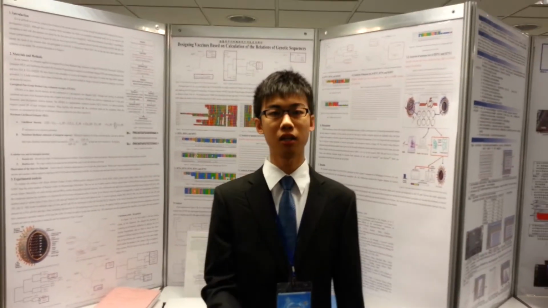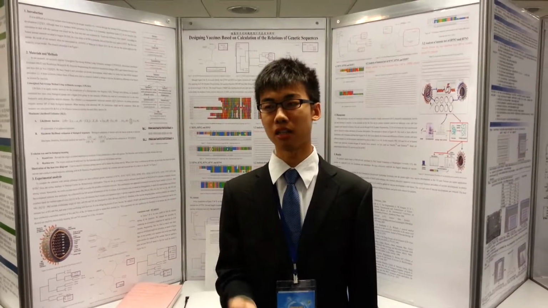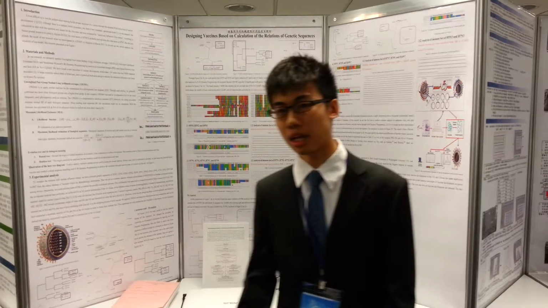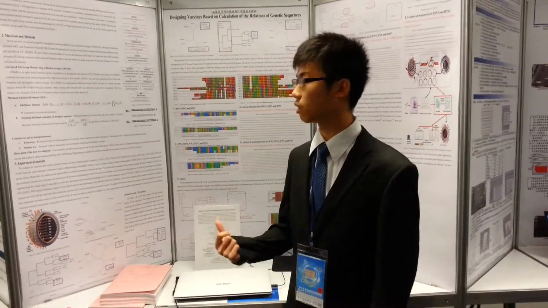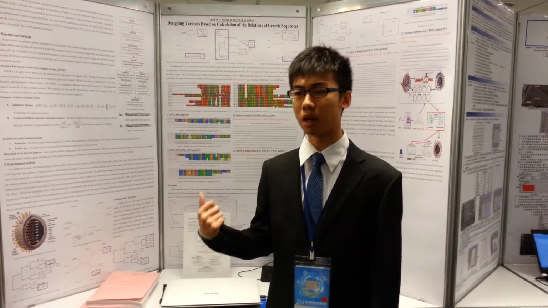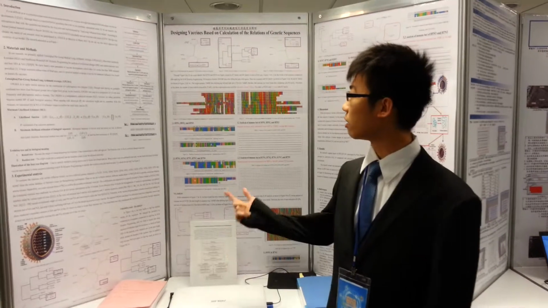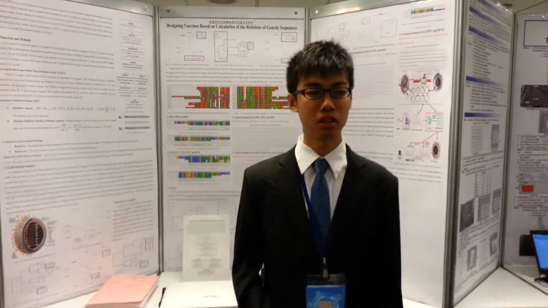And the different parts might be the immunity points for scientists to invent the new vaccines. So we think that this kind of mathematical method can save a lot of time, about 3 months to 6 months. So yeah, this is the end of our speech. Thank you for listening.